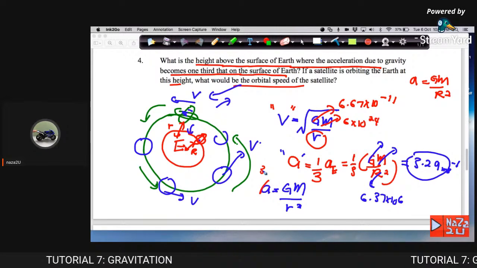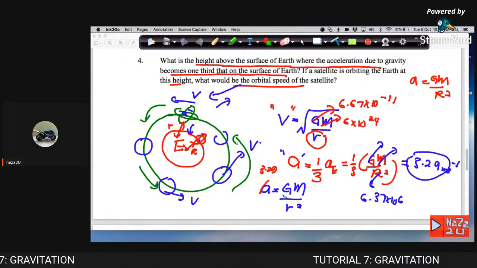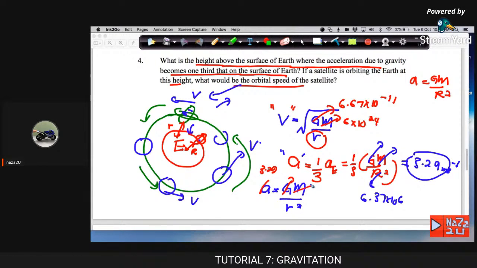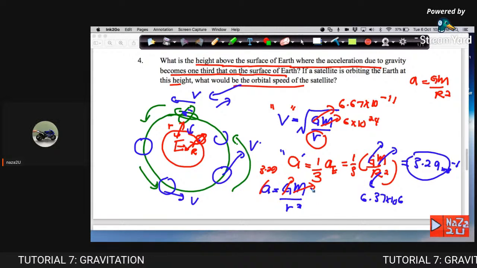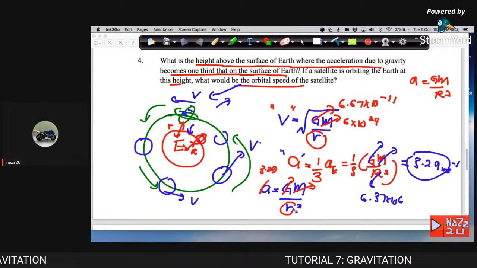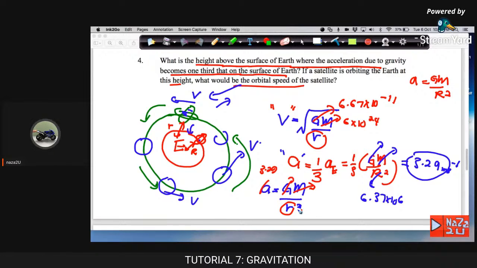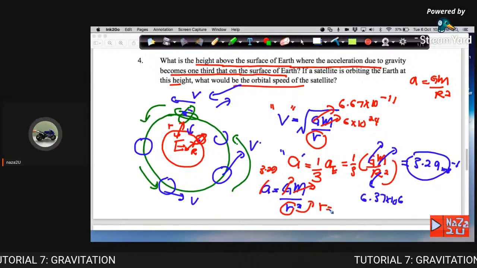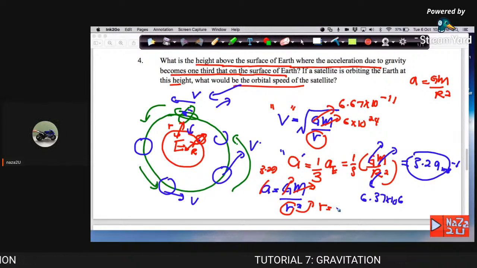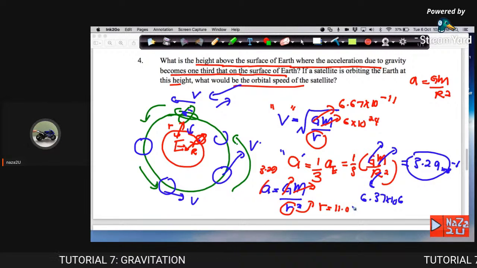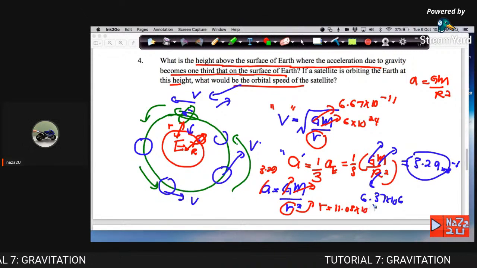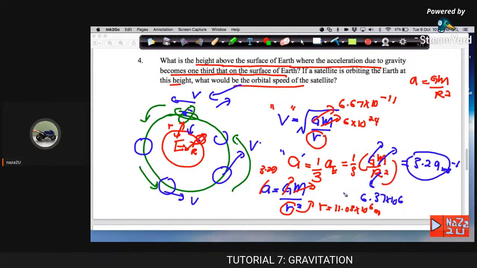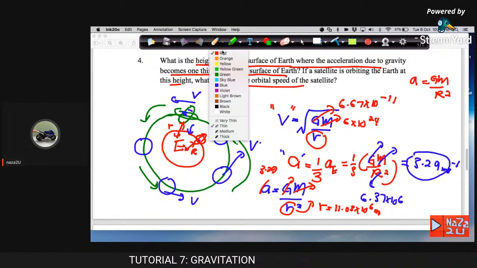This is 3.29 and G is constant. Mass is always this is also constant. So now we can find the value of the R. So bila kamu gantikan kat sini, kamu akan dapat nilai R here. So R here is equal to 11.03 exponent 6 meter. Kan?